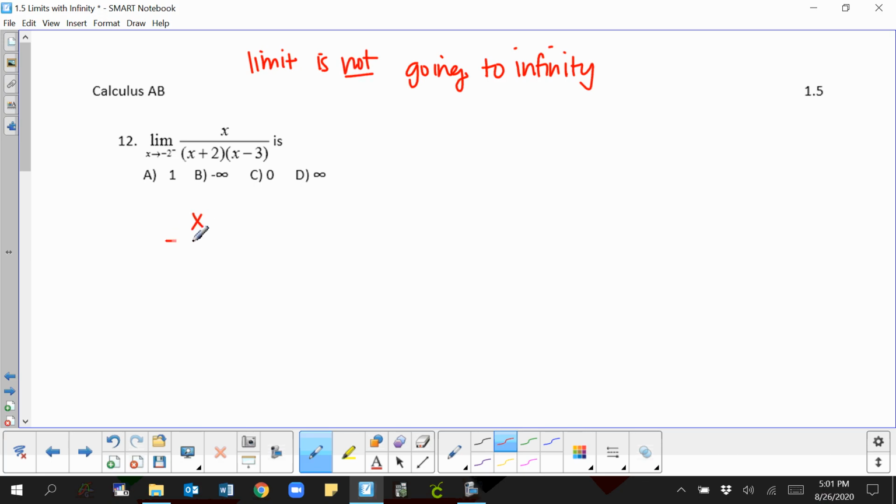So I'm going to have my x, I'm going to have my f of x, and so I'm looking at negative 2 from the negative direction, so I'm going to do negative 2.1, negative 2.01, and negative 2.001. So I'm going to pause here and let you guys plug those into your calculator on your own. And then once you've done that, we are going to pick back up.